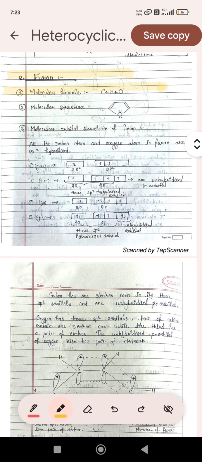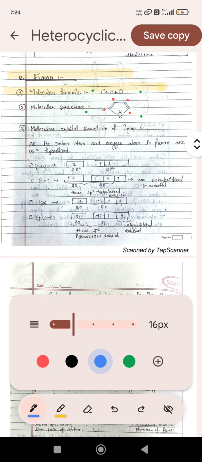The molecular formula is C4H4O. These are the carbons 1, 2, 3, 4, and these are the hydrogens attached to the carbons, and this is the single oxygen.